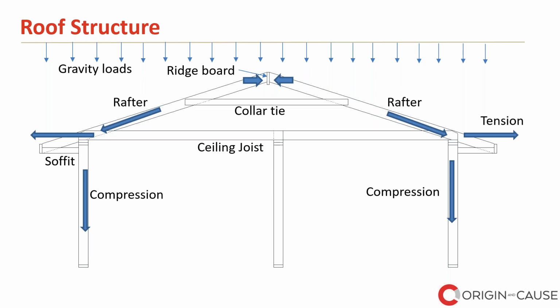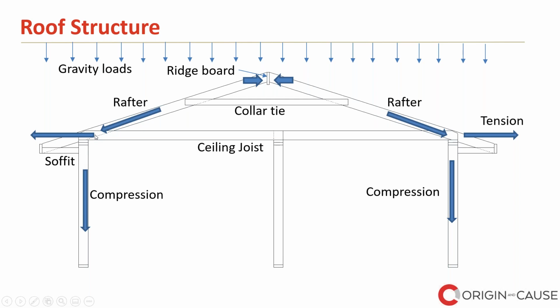Now, at this point, I want to talk about the structure of the roof. So you have the gravity loads here, which are dead loads, the self-weight of the structure, and the snow load. The gravity loads are sitting on the rafters, and through the rafters, they're going to the columns. So the rafters are under compression because of these loads, and at this joint, some part of this inclined compression force goes to the columns through compression.